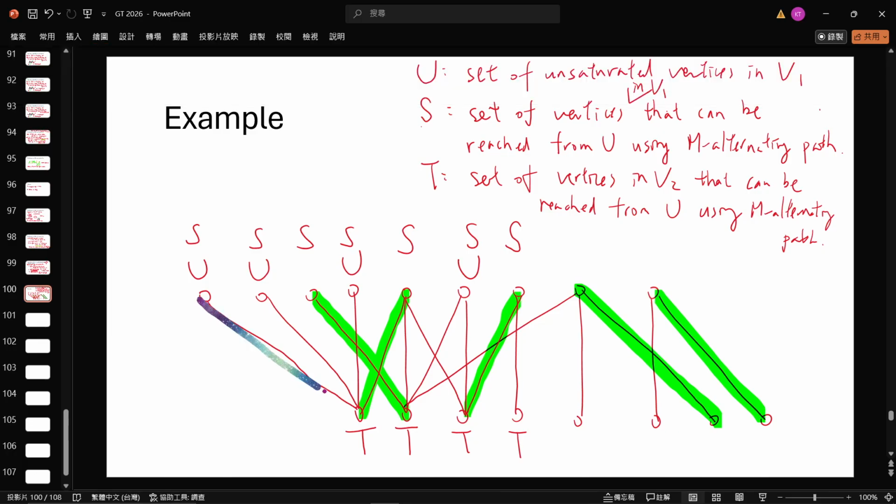I think it's this, okay? So this one is not in the matching, in the matching, not in the matching, in the matching, not in the matching. And the two endpoints are not saturated by the matching M. So it's an M augmenting path.